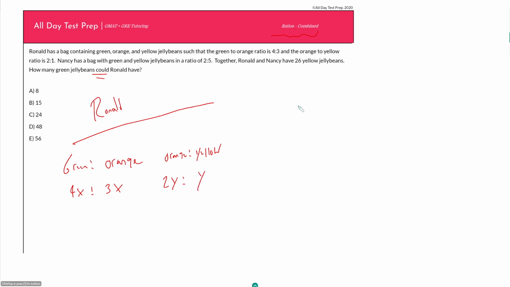Then we have Nancy, who is a little bit simpler. She just has a single ratio of green to yellow in a ratio of 2:5. So this is a third ratio, so we'll call this 2z, 5z. So this is our ratio set up.